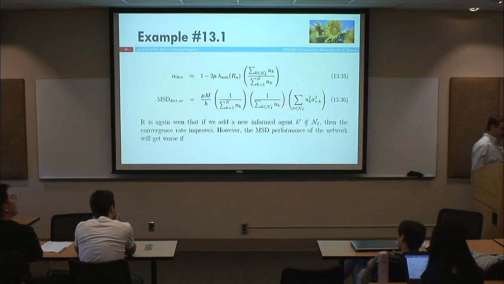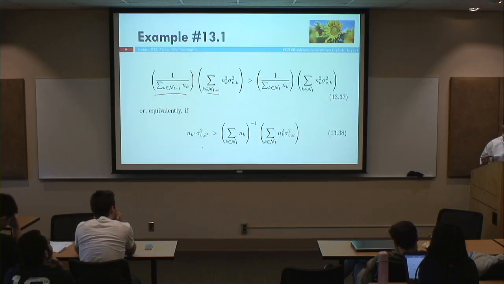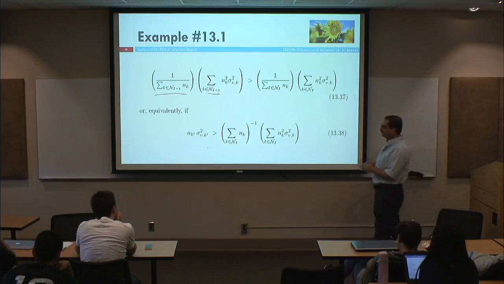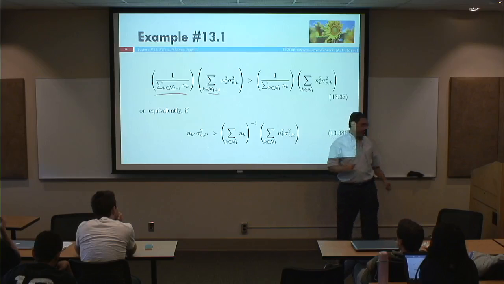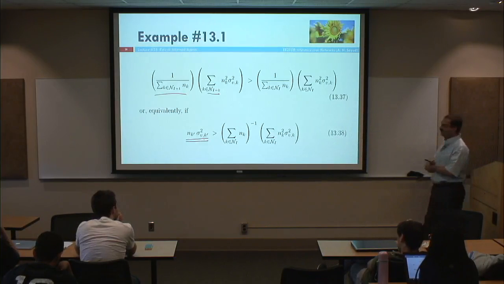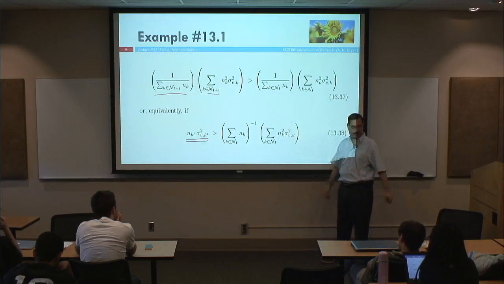Just do the algebra. If you do the algebra in this case, here it is. You want this to be larger than that, I mean, to be worse. So if you do the algebra in this case, this is what you get. If the new node that you are adding has a weighted variance larger than what you have on the right-hand side, I'm going to explain this on the next slide. What do you have on the right-hand side?